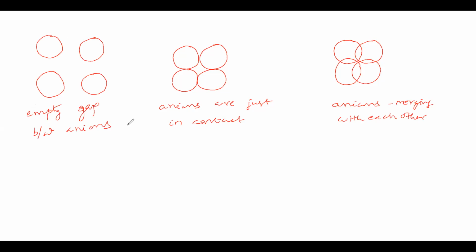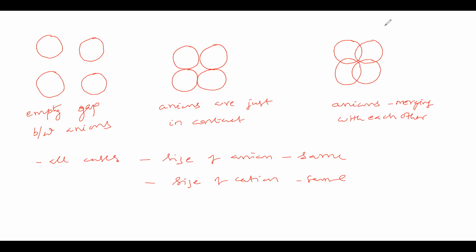Okay. Now in all the cases, let us think the size of anion remains the same. Now we will take the same size cation. The size of cation also we will take the same.